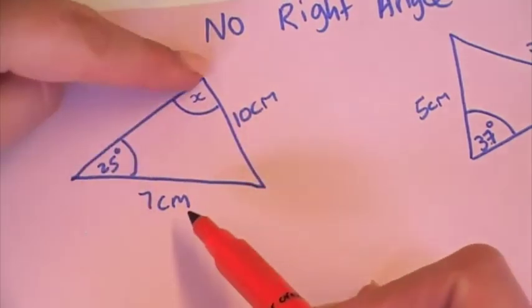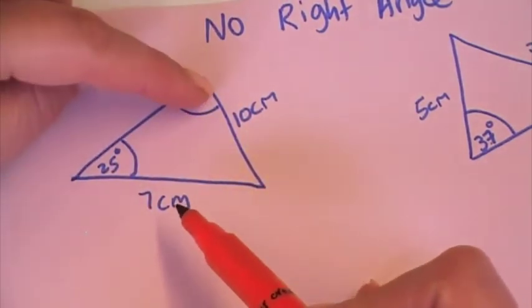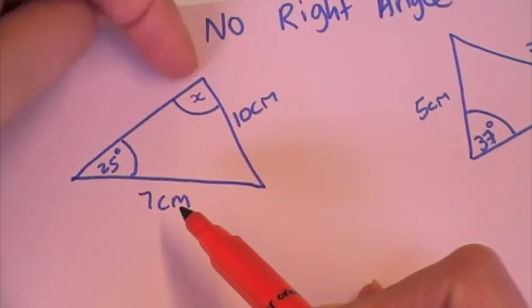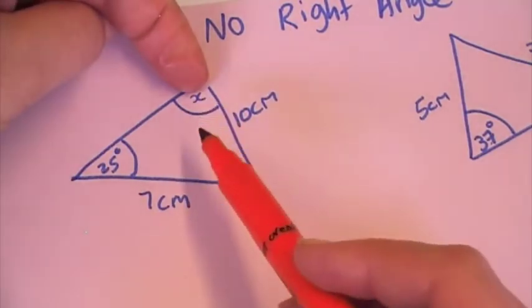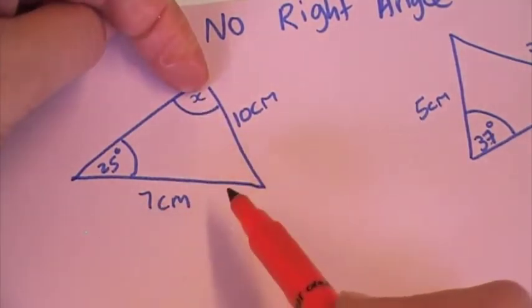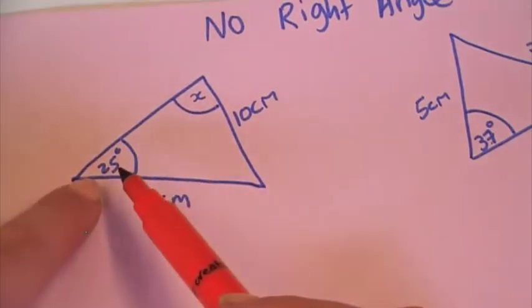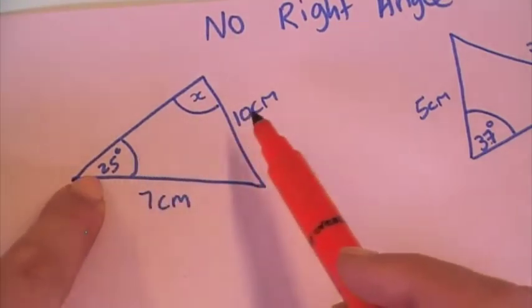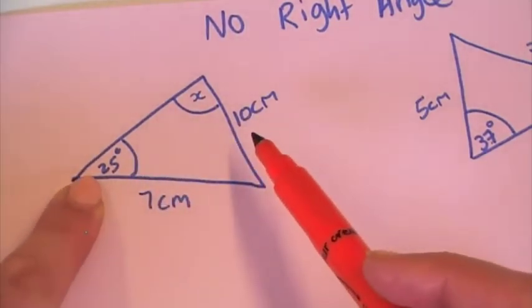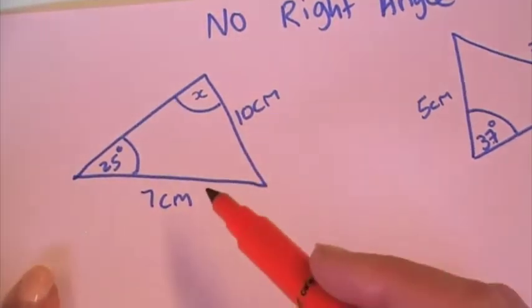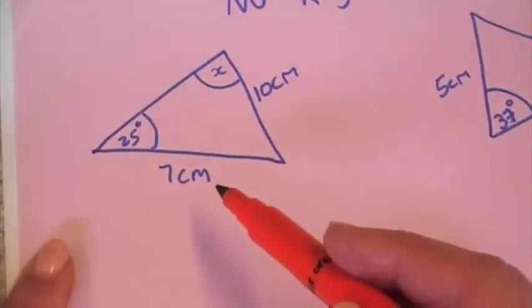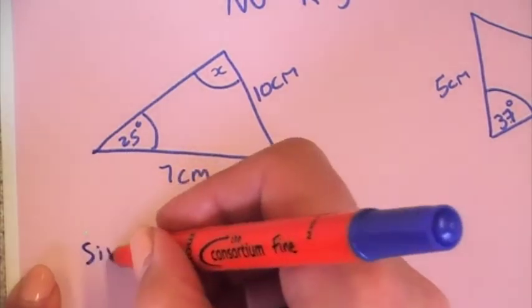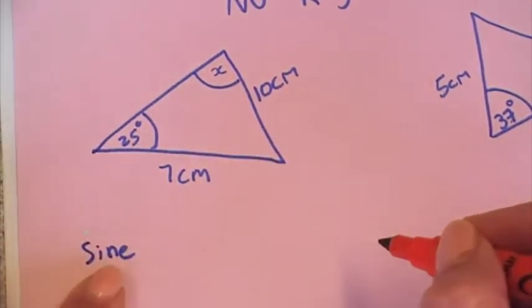And also, if I look, the sides and angles I'm using are opposite each other. The angle of x is opposite the length, 7 centimetres. The angle of 25 is opposite the length of 10 centimetres. So whenever you have 2 angles and 2 sides, you can use the sine rule.